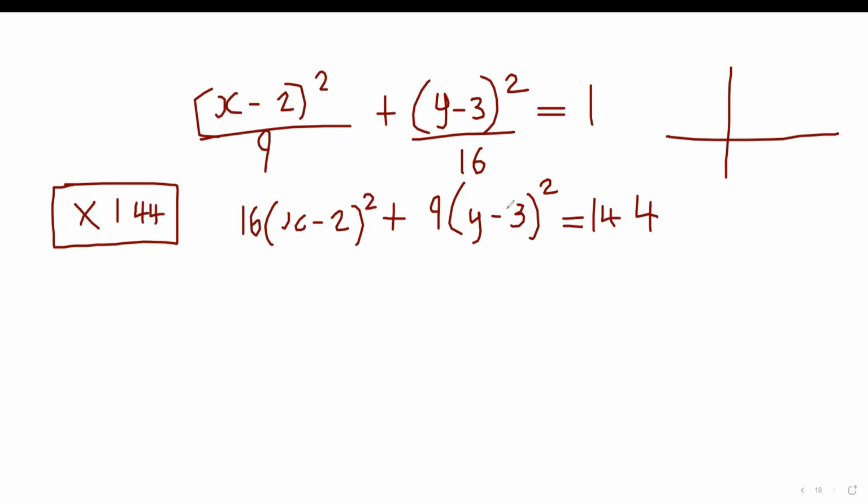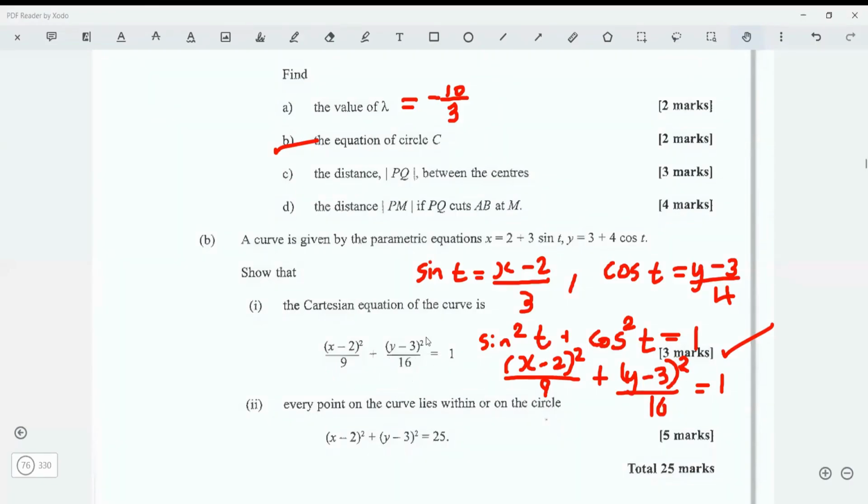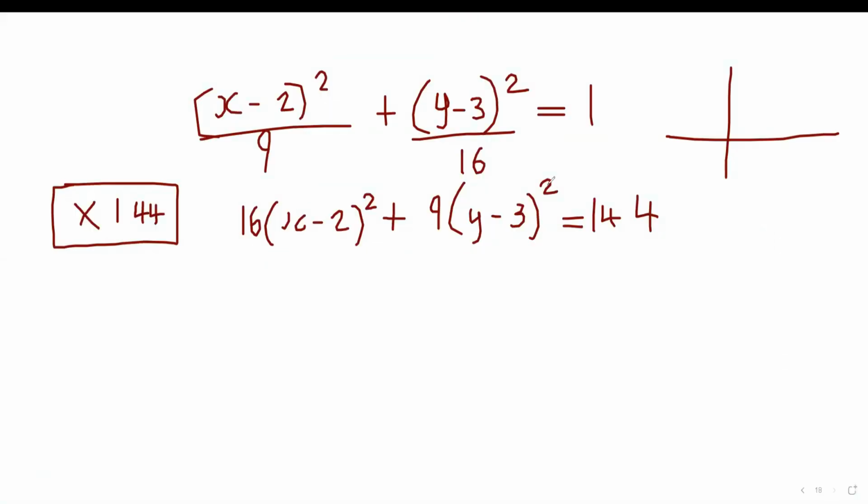Now, there are many ways you can show that. Let me see what we're trying to show. We want to show that every point on this curve lies within this circle. In order to do this, we want to end up with x minus 2 all square plus y minus 3 all square equal 25. So we want to show that every point in this region will also satisfy that region.